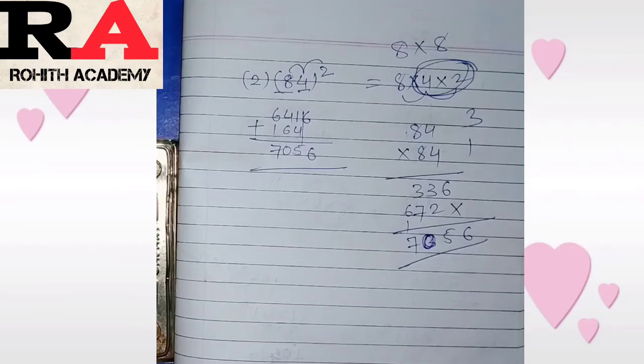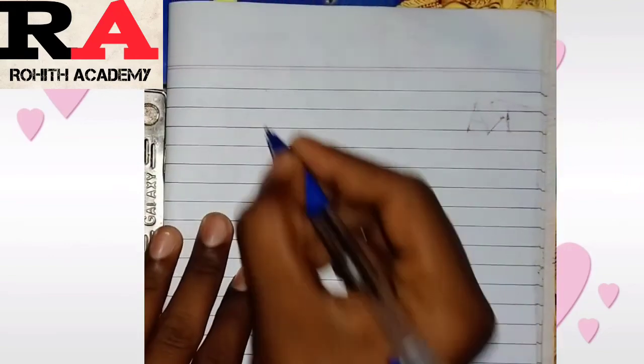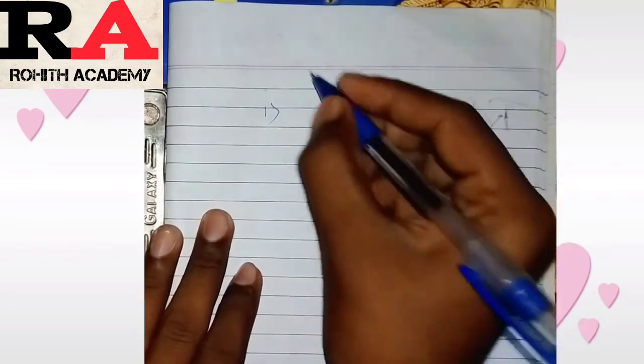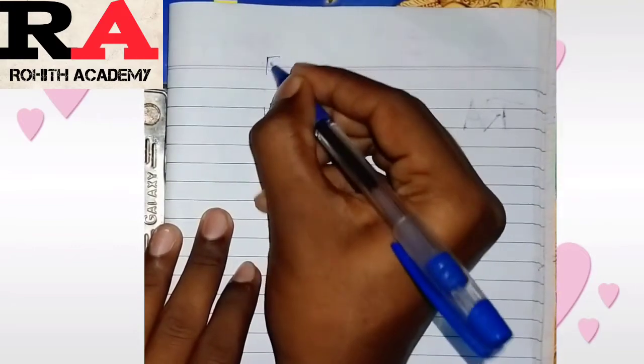Friends, I hope you understood this topic. Now I will give you five examples for your practice. Find these squares as your homework.